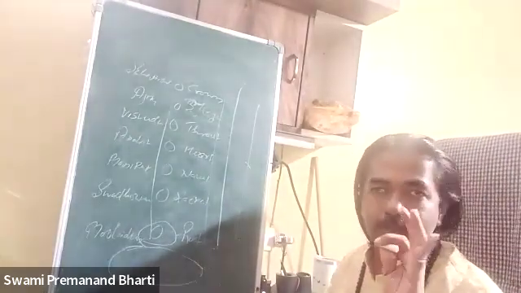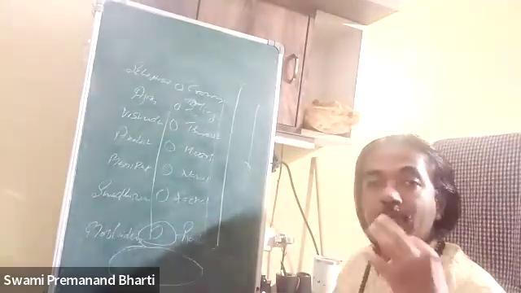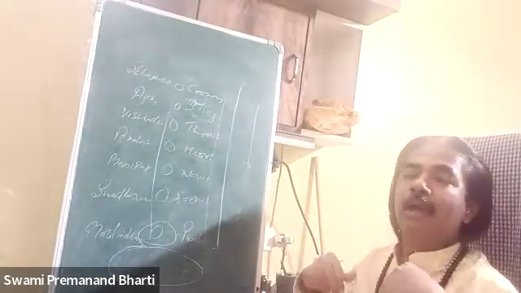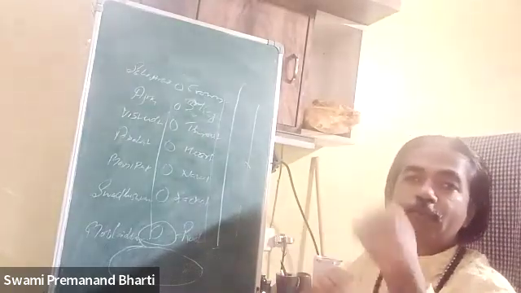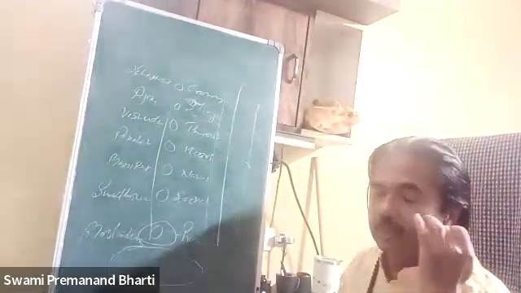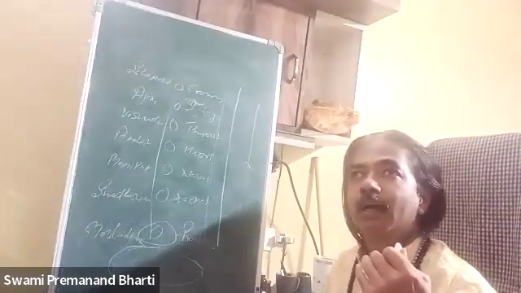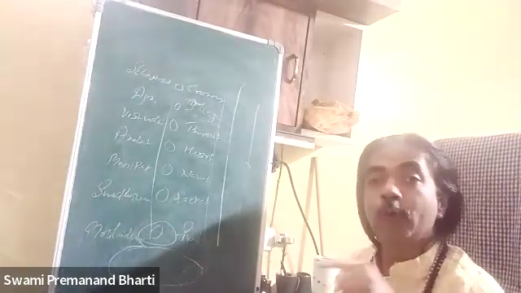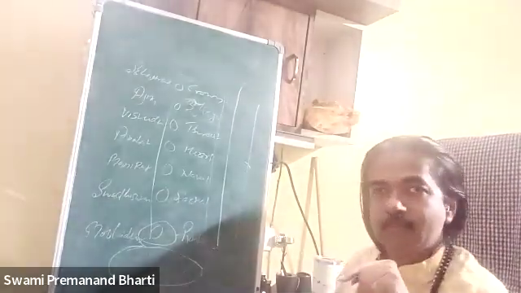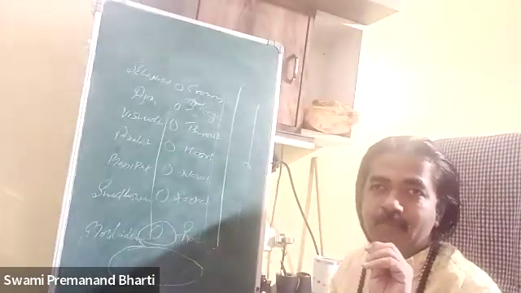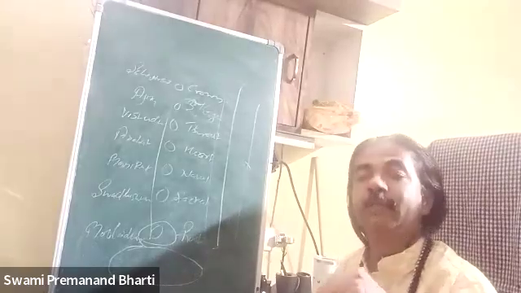Kund means pool, where the energy is stuck and from where the energy should ideally move towards the upper chakras. One of the words for horoscope is also Kundali, because that is also full of information about you. That is why it is called Kundali.